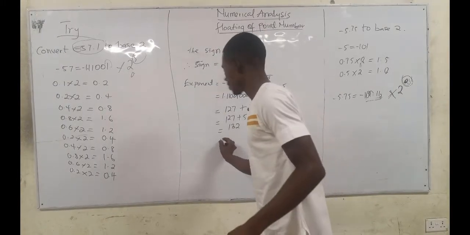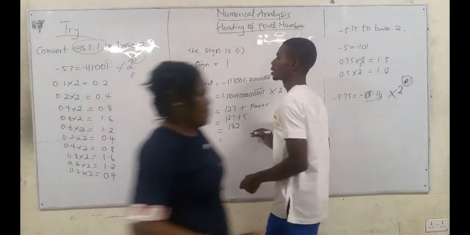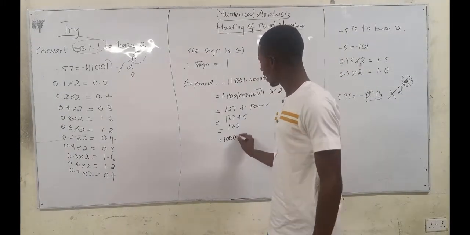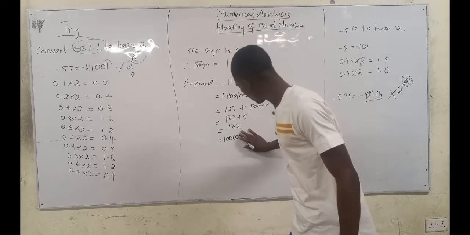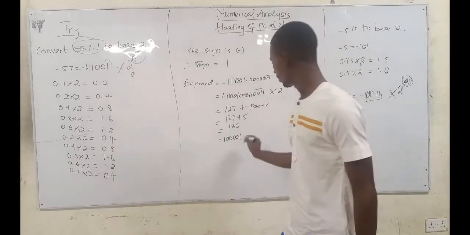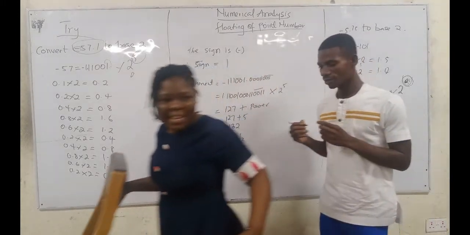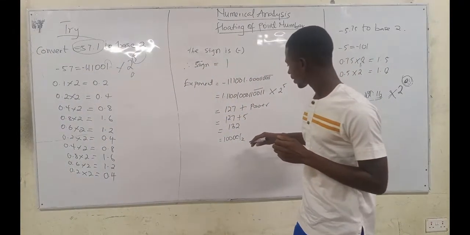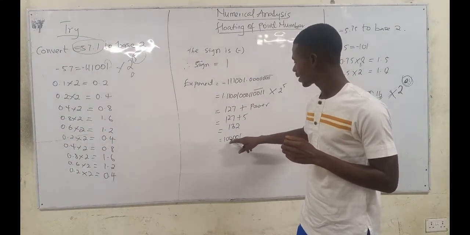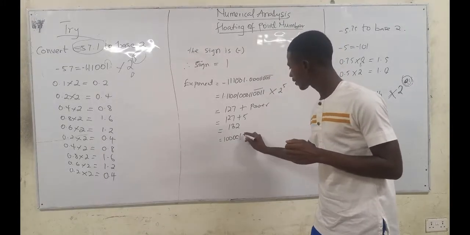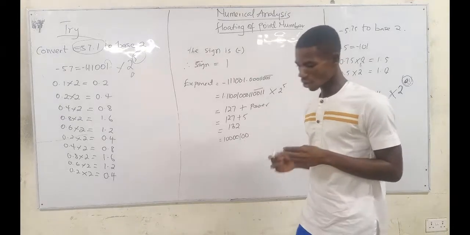You get 100 with four zeros, 1 base, then another 0, another 0. Two zeros. Like this. Okay.